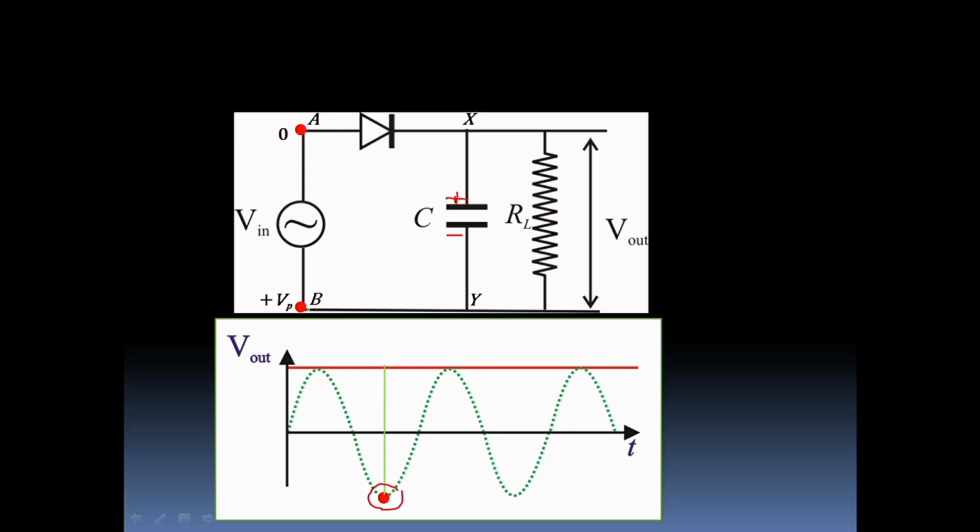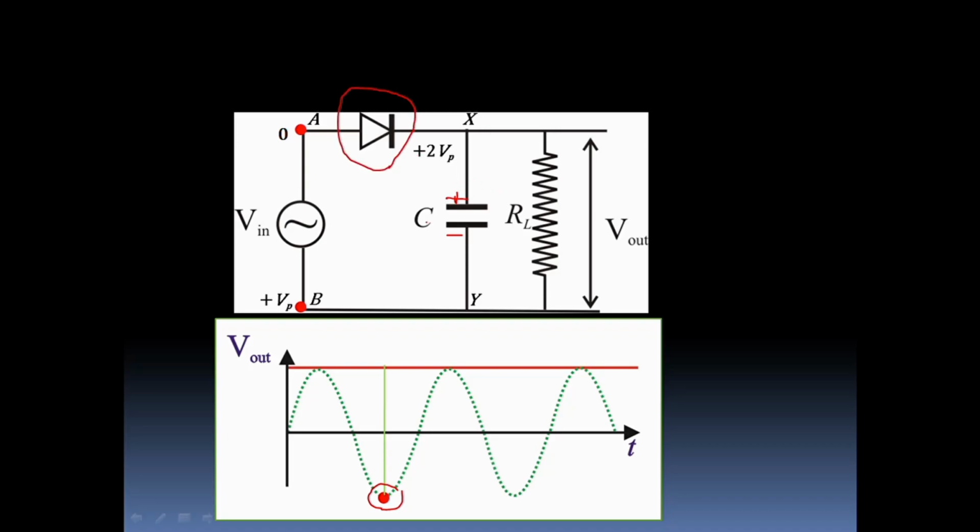But the negative plate is connected to Y, which is at plus VP potential, then the positive plate must be at 2 VP potential. Then X is also at 2 VP potential.